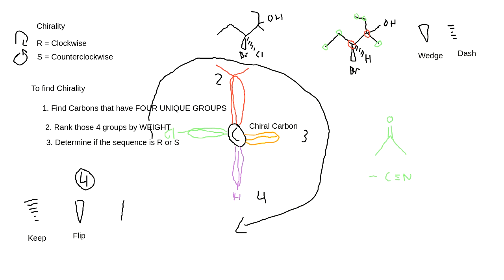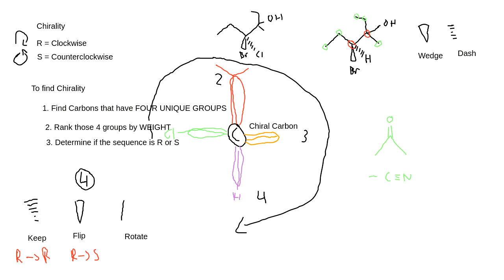What I mean by this is, you determine your group and then you figure out your chirality, and the chirality ends up being R. If the 4th group is on a dash, you keep it as R. But if your 4th group is on a wedge and you realize it's R, you have to flip it to S. And if your 4th group is on a line, it does not necessarily mean keep or flip.